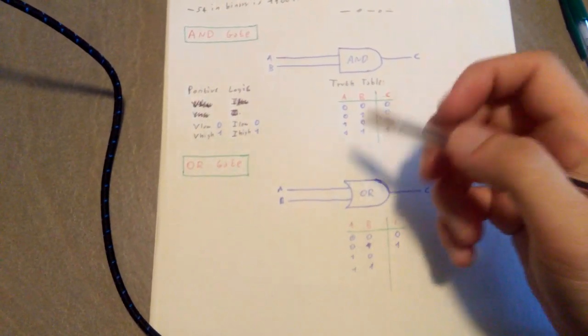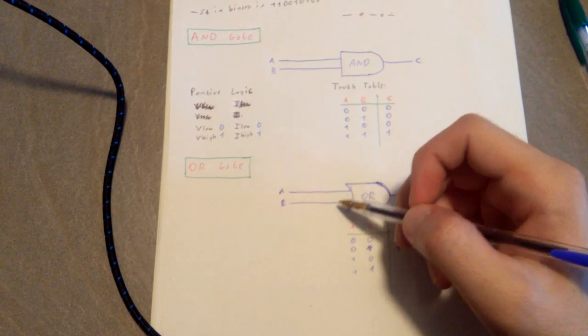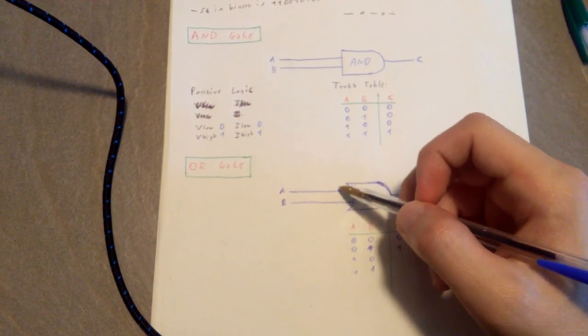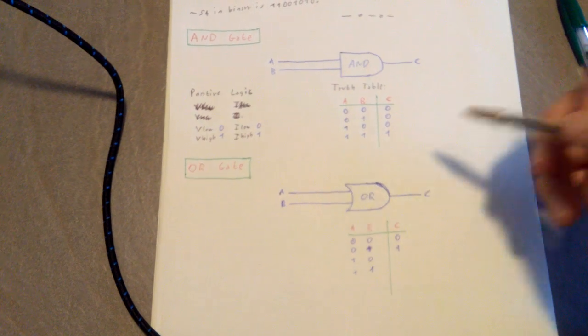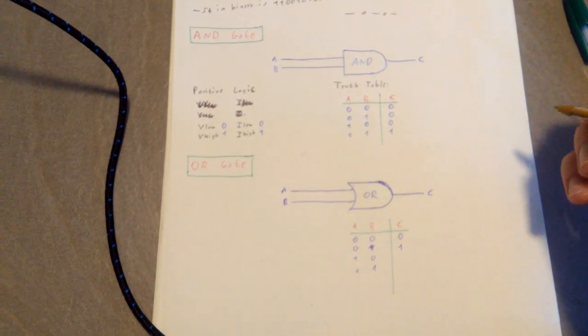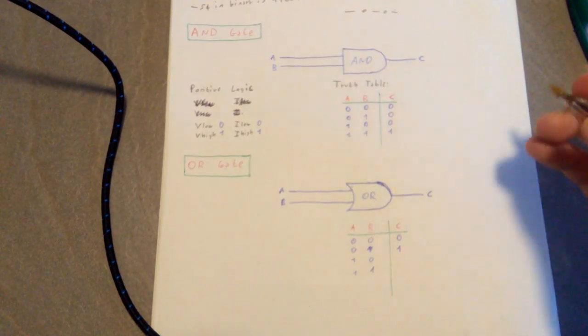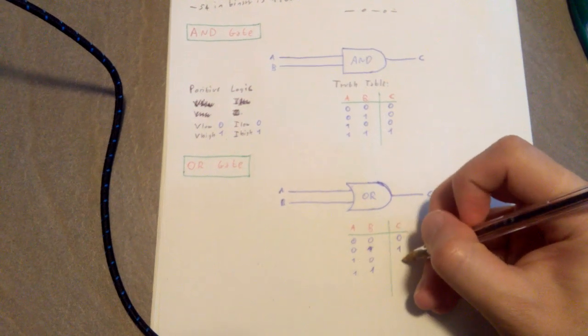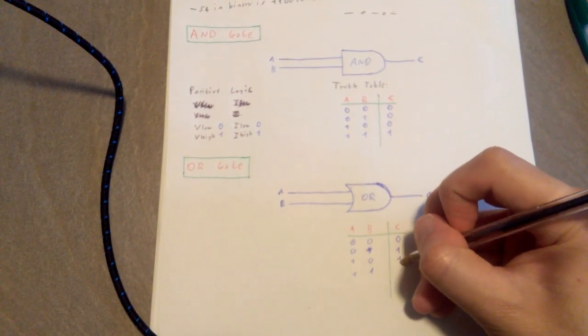The same applies for the contrary. So if A is 1 and B is 0, so basically if A has high voltage and B has low voltage, then C is still going to be high voltage because conditions are satisfied. So it's still going to be a 1.